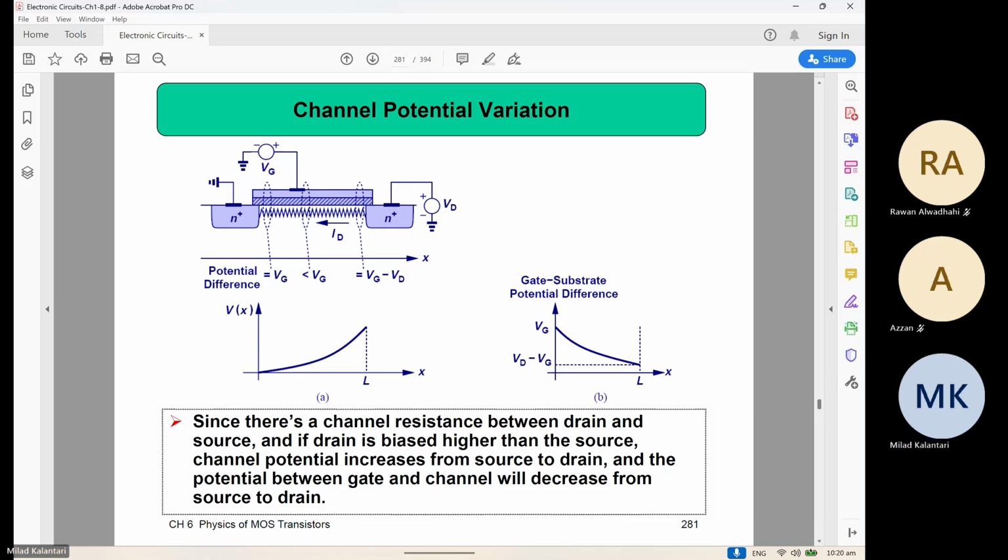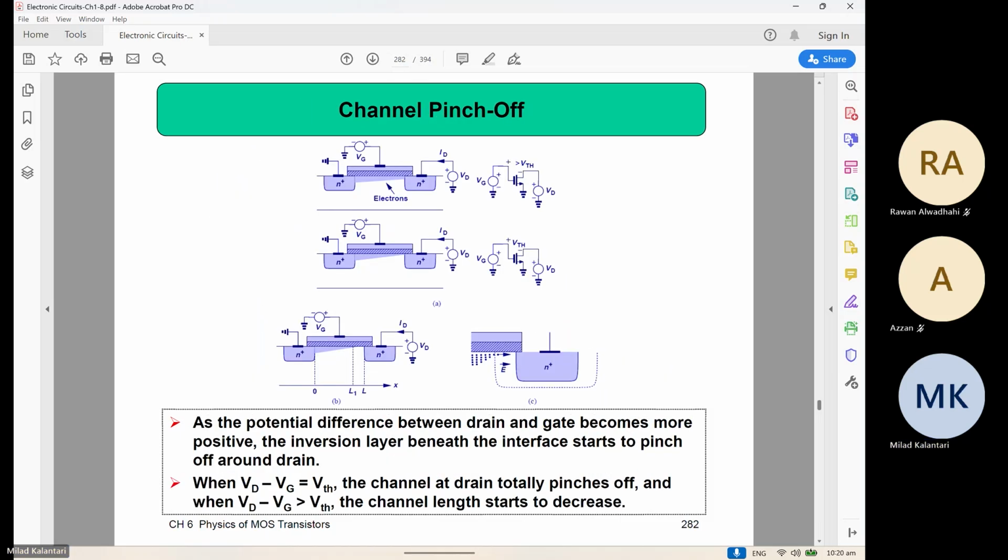So here is showing that, first of all, you are applying some gate voltage over here, and let's say this contact is grounded, and then you try to pass some current through your device from the drain. This shaded region is showing the charge density underneath the channel.